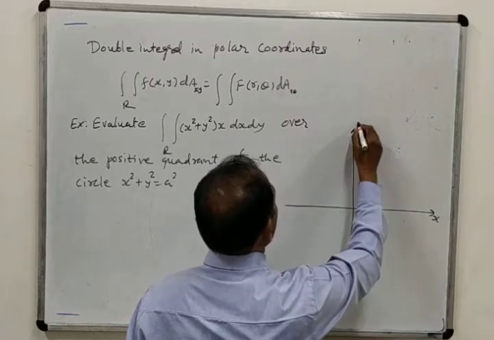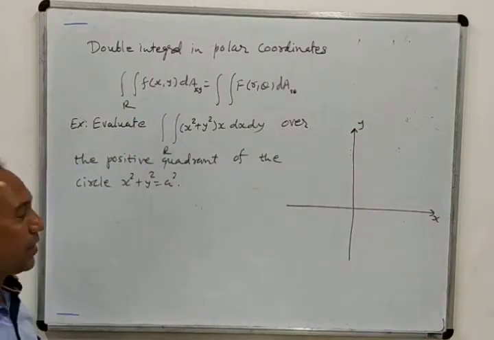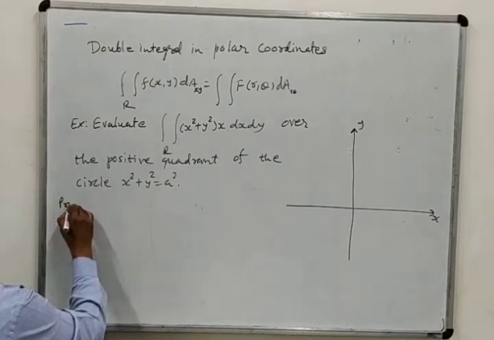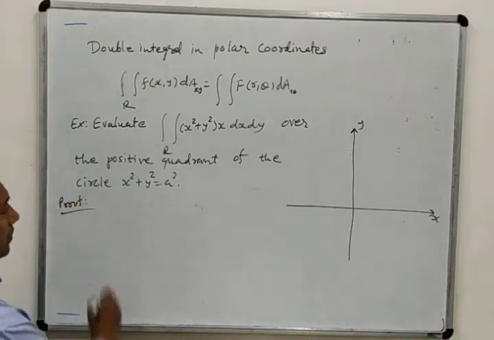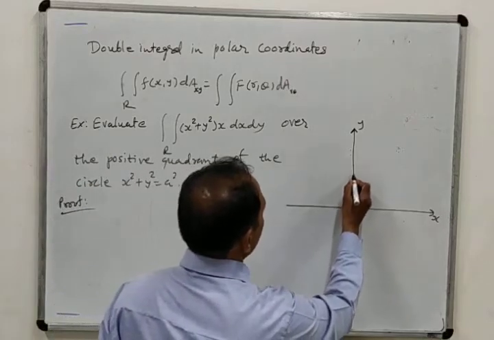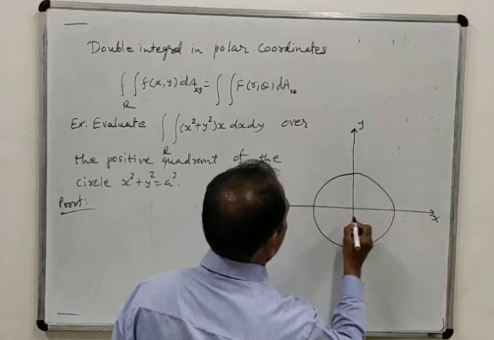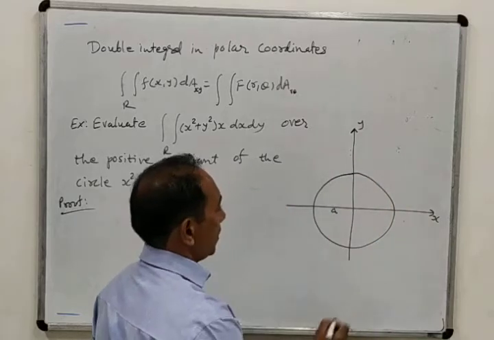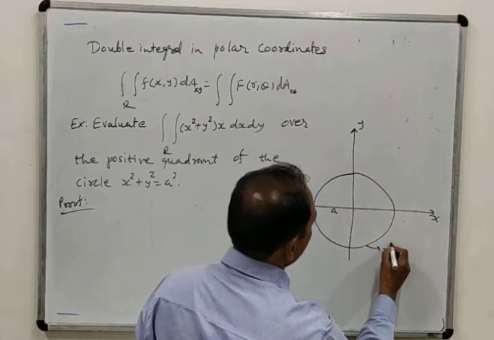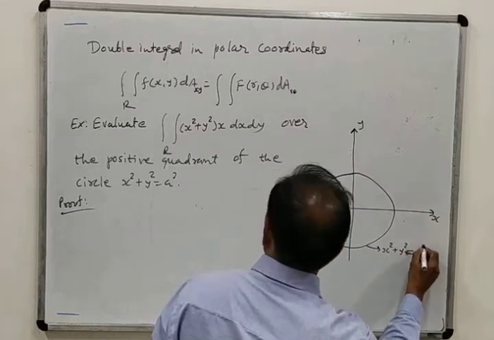See here, the limits of the problem are not given, so obviously we need to draw the figure. So this is the circle x square plus y square equal to a square, with radius a.